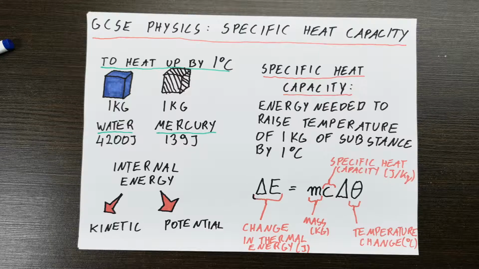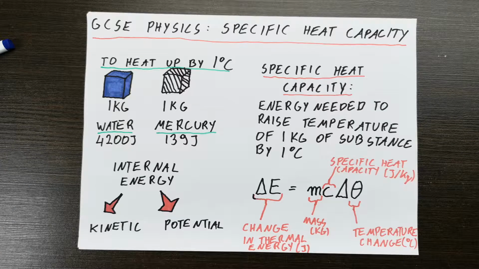So one of the explanations here is that we simply need to heat up more particles of water than we need to heat up mercury. And that's another possible explanation for that difference in specific heat capacities.